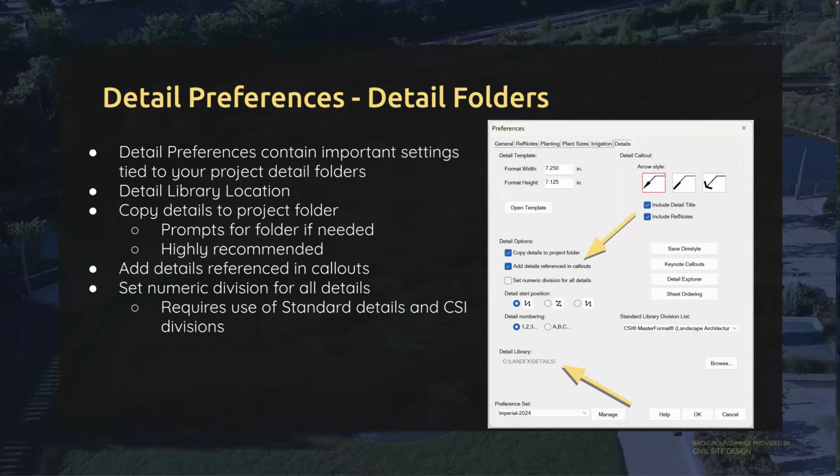I know that sounds a little obvious, but because this is set in a preference set, that means different preference sets can access different detail libraries. Meaning, a preference set created for a specific client accesses the detail library used for that client's work and no others. But it's also important to understand this location because if any install locations change and suddenly details are missing, head to your detail preferences and confirm the library location.